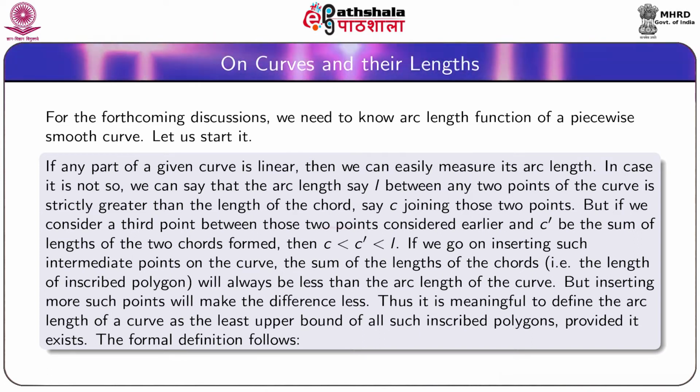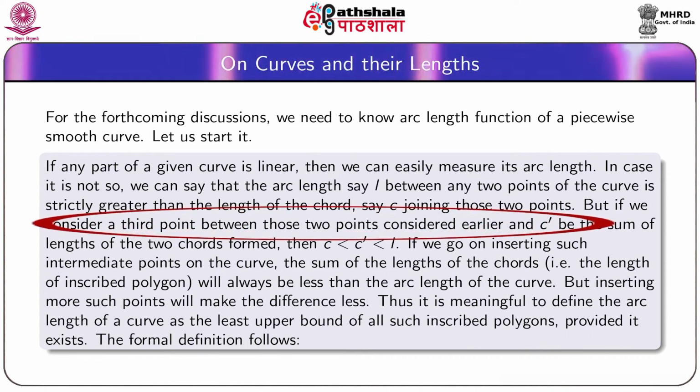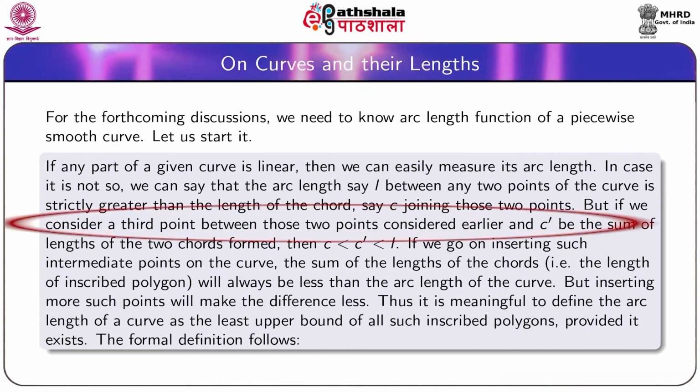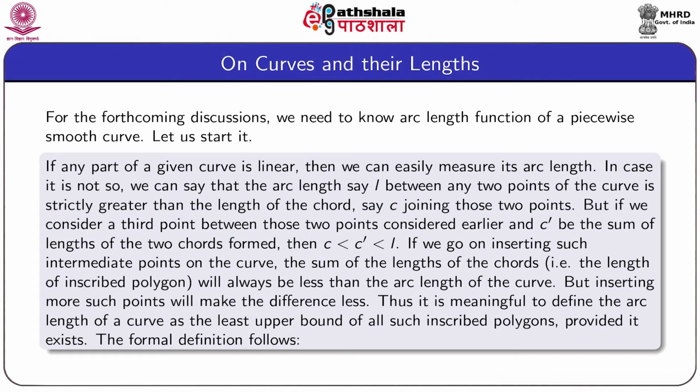Now, if we consider a third point between those 2 points considered earlier, and if C dash be the sum of the lengths of these 2 chords formed, then we have C strictly less than C dash, which is strictly less than L. Now, if we go on inserting such intermediate points on the curve, then the sum of the lengths of such chords, that is the length of the inscribed polygon, will always be less than the arc length of the curve.